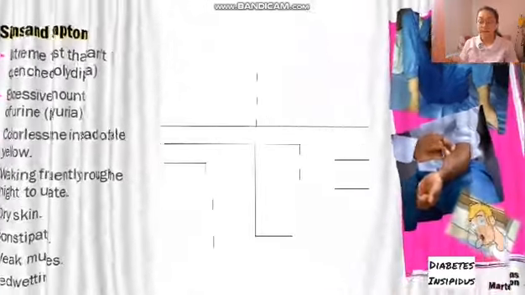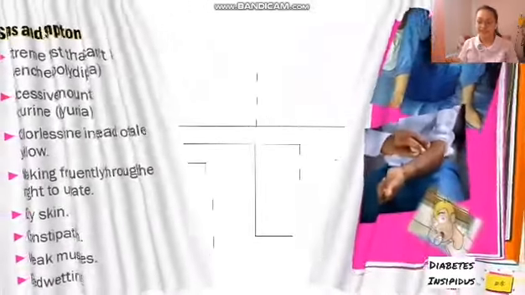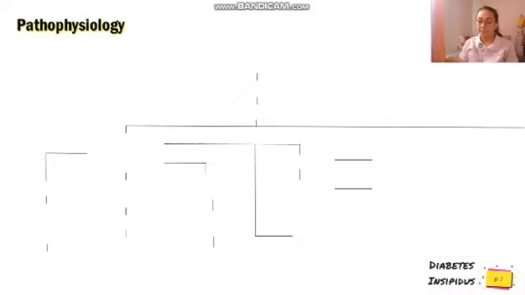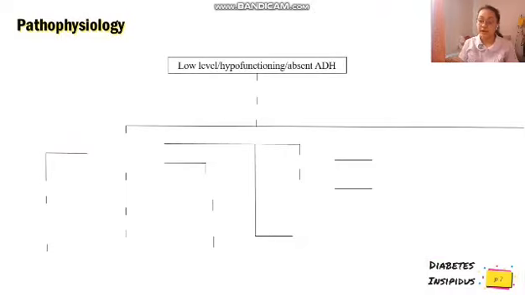So let's talk about the pathophysiology of diabetes insipidus. It is where a person has low-level hypofunctioning or absence of antidiuretic hormone, which is responsible for stimulating water reabsorption by inserting water channels or aquaporins into the membrane of the kidney tubules.